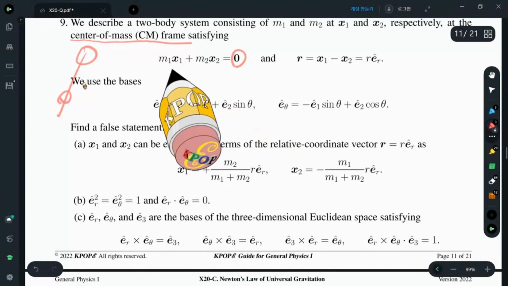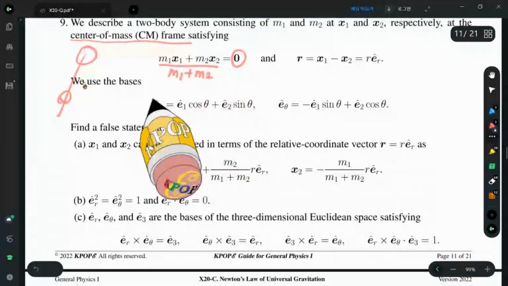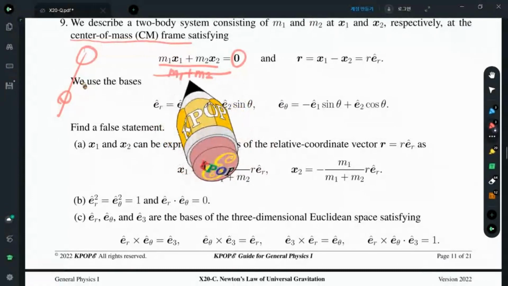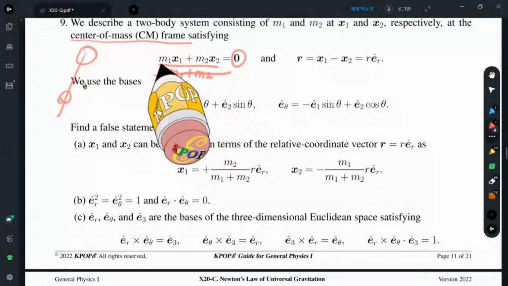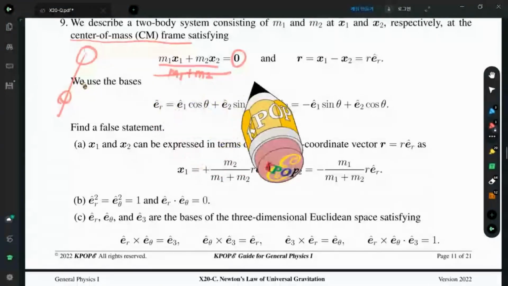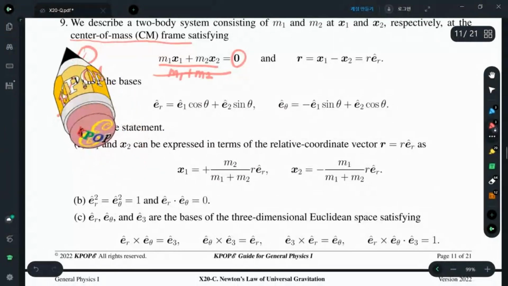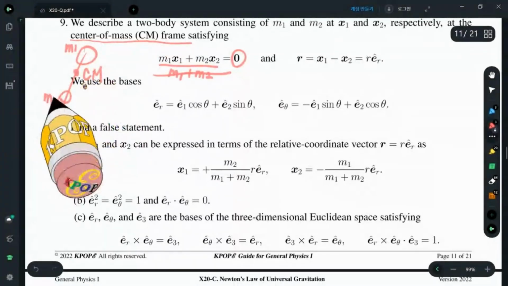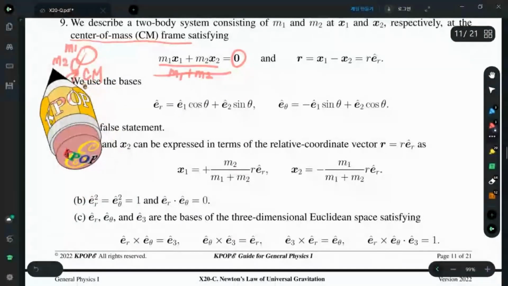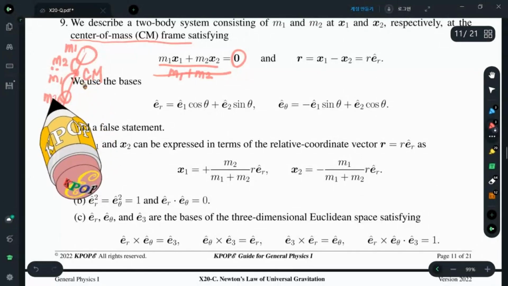So actually the center of mass coordinate, divided by m1 plus m2, is 0, so we multiply by the sum of the two masses. As a result, they have a center of mass, CM, here, with m1 and m2, and the distances from the CM are in the opposite ratio, m2 and m1.